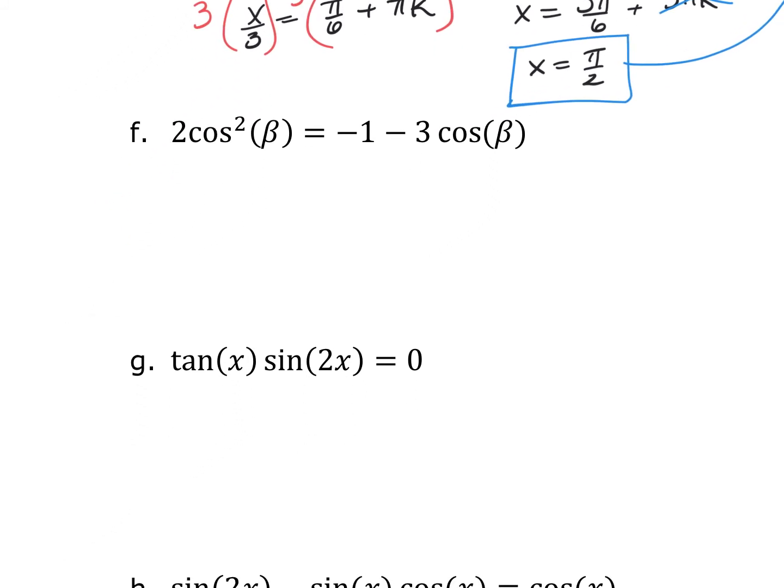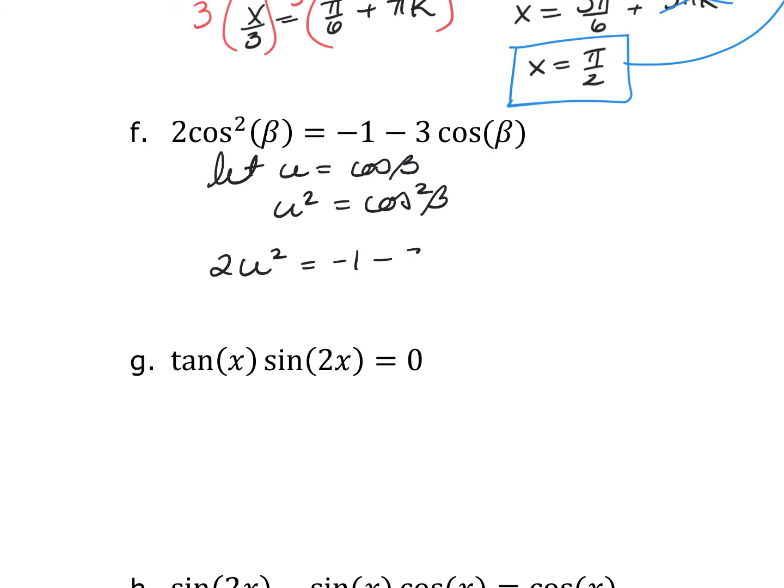My next example, this looks kind of like a quadratic. If I say let u equal the cosine of beta, then what I have is u squared is equal to the cosine squared of beta. That means 2u squared is equal to -1 minus 3u. Oh, that's a quadratic. So 2u squared plus 3u plus 1 is equal to 0. Nice, easy factoring.